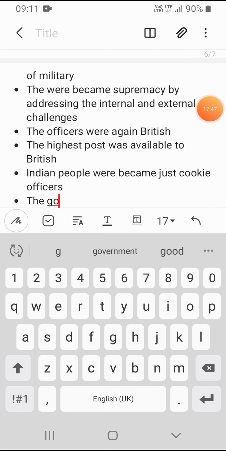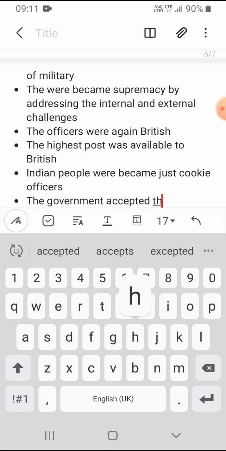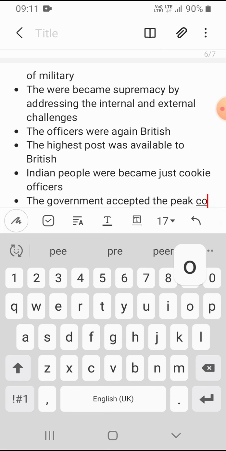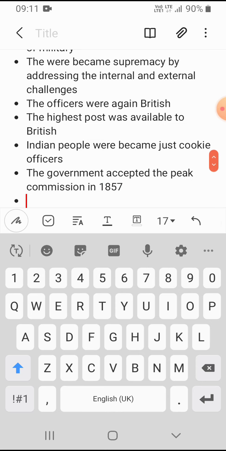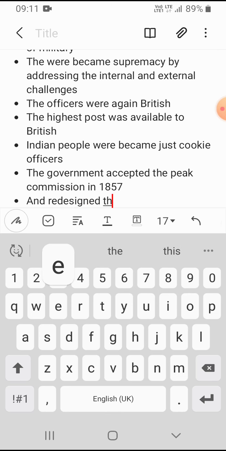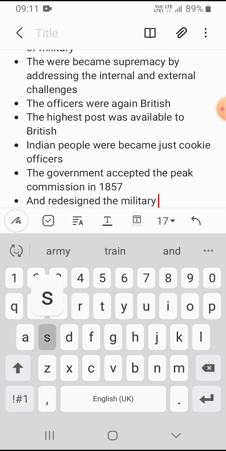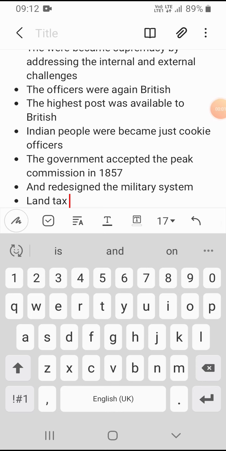So the government accepted the Peel Commission in 1857 and redesigned the military system. After this, they made land tax policies.